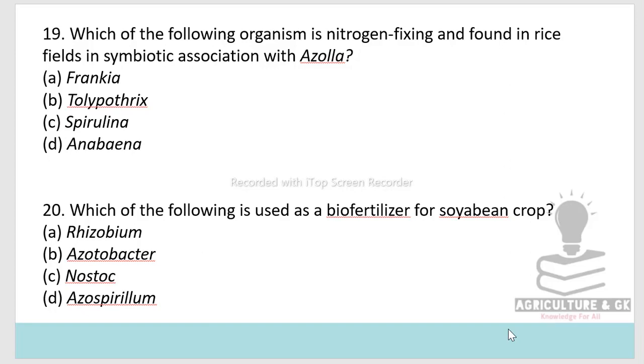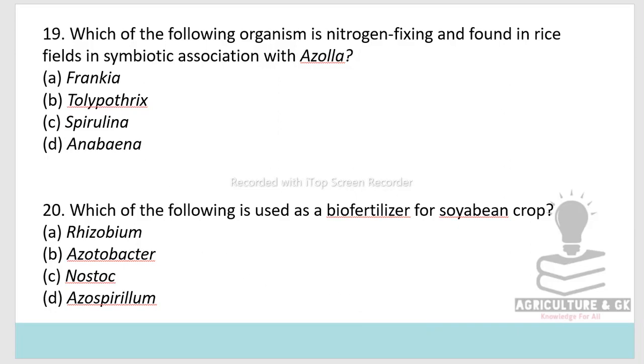They maintain a symbiotic relationship where the algae part provides nitrogen, and the fern part basically provides a habitat for the algae. So our blue-green algae Anabaena will provide nitrogen for Azolla, and Azolla will provide a habitat for Anabaena. And this property of nitrogen fixation has made Azolla very important and economically important in the cultivation of rice.